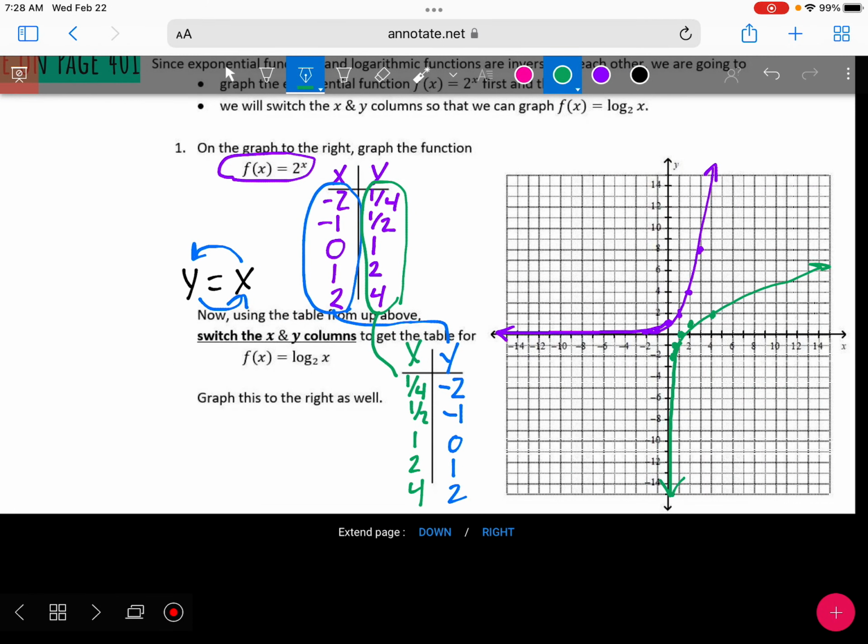So the green graph over here, this is a log. This is log base 2. This purple is 2 to the x. They are inverse operations.